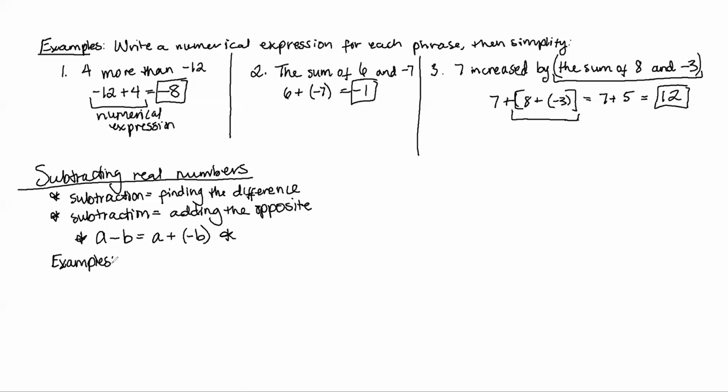All right, so just a few examples here. Number 1, we have 6 minus 10. Sometimes by looking at these, it's not too bad to tell what this is. We're taking 6, we're making it smaller by 10. I'm going to change it to addition, adding the opposite. So we're going to have 6 plus the opposite of 10.